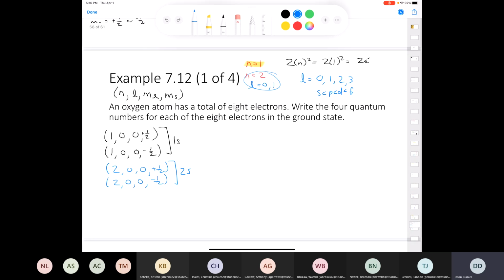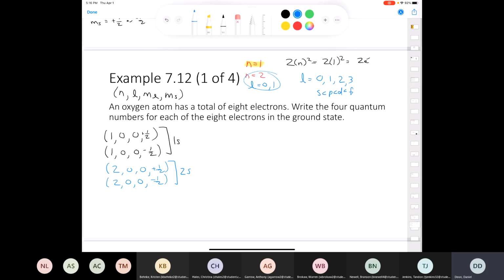I've got 4 more to go. I haven't finished all the possible electrons I can have when n is equal to 2, right? Because when n is equal to 2, the total number of electrons I can have is 2 times 2 squared, which is 8. So that means when I have a principal quantum number of 2, I can hold a maximum of 8. So I've got more than enough room.